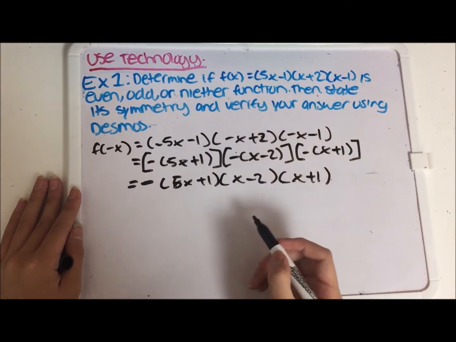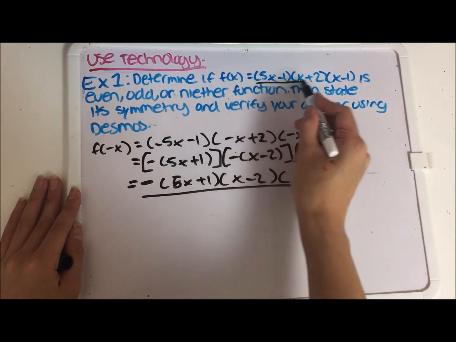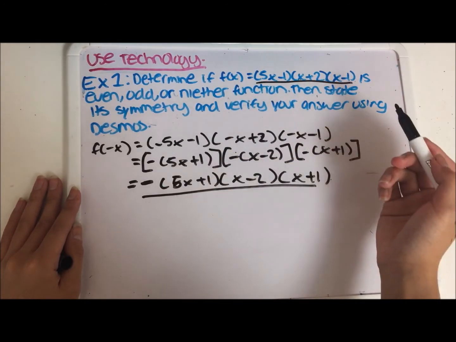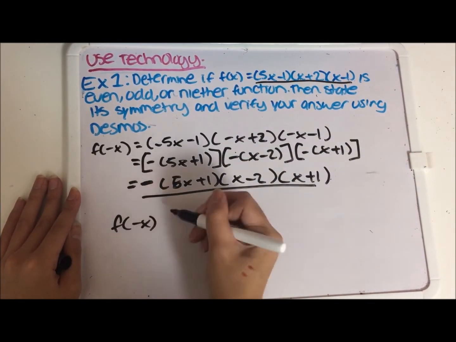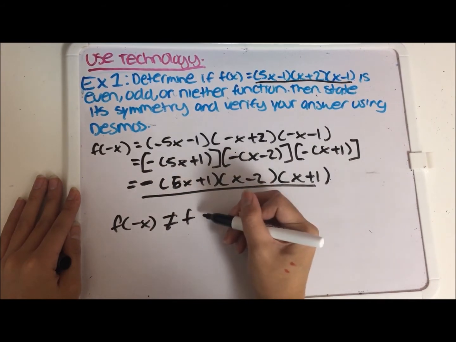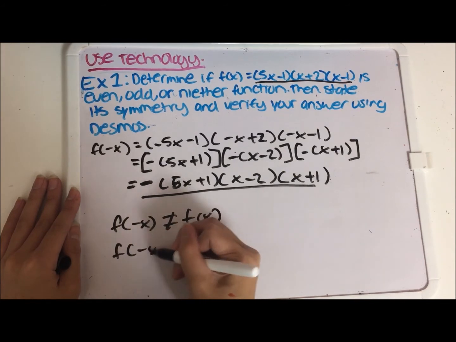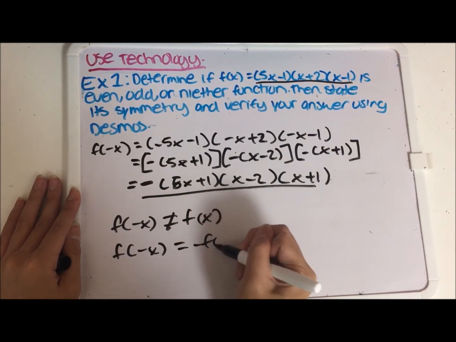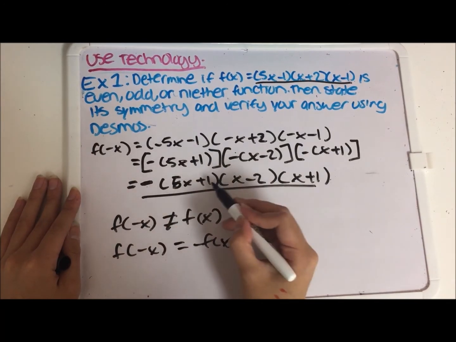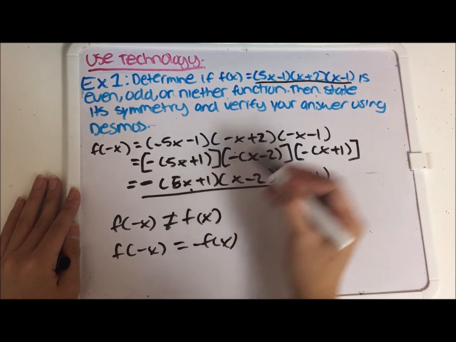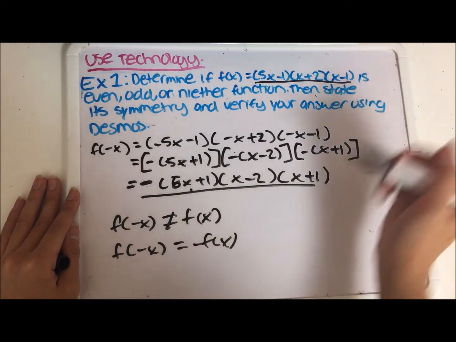Now, if it was an even function, this would give you the same as this, which in this case is completely different. The factors are different and there's a negative in front. So f of negative x does not equal f of x. Now, if it was an odd function, f of negative x would give you negative f of x. In this case, the only thing that's similar is the negative in front. However, the factors are different, as you can see: 5x plus 1, 5x minus 1, x minus 2, x plus 1, and x minus 1.